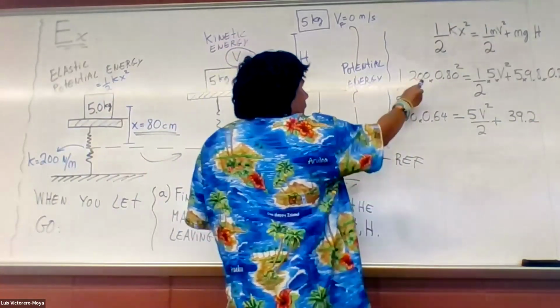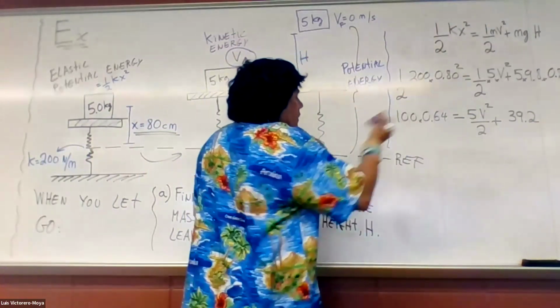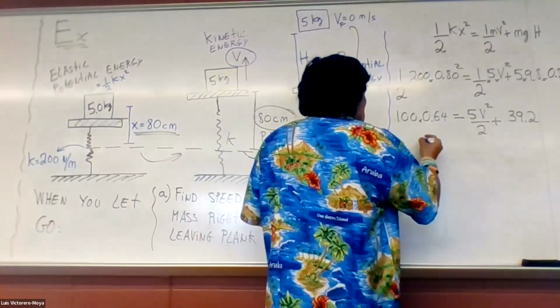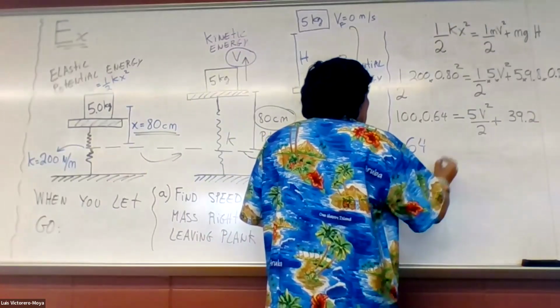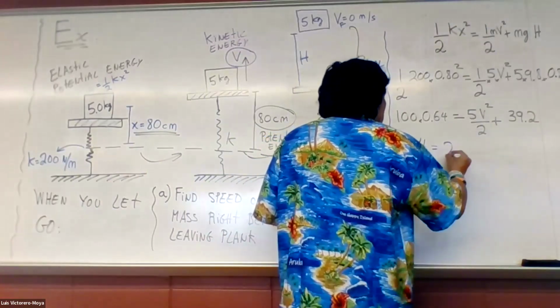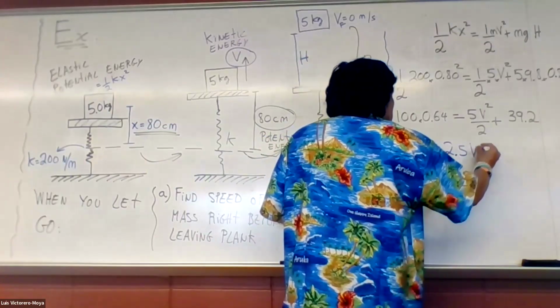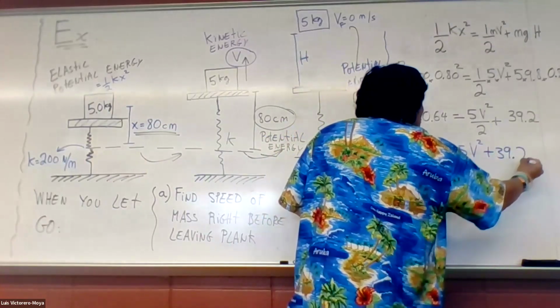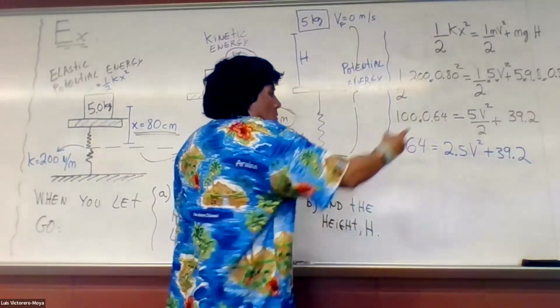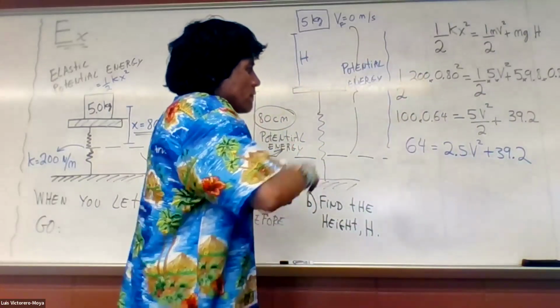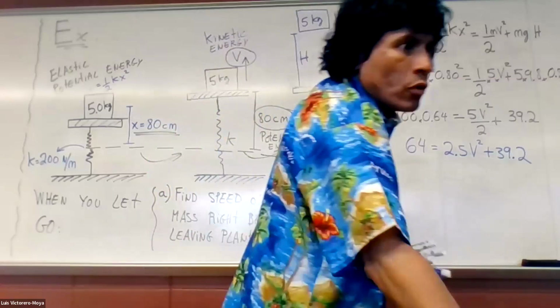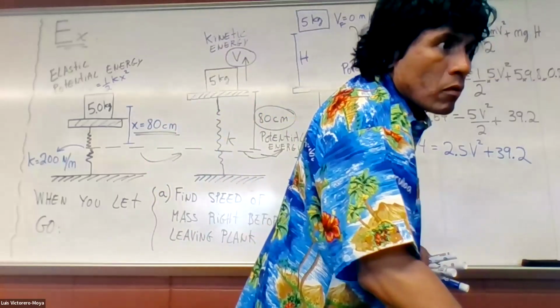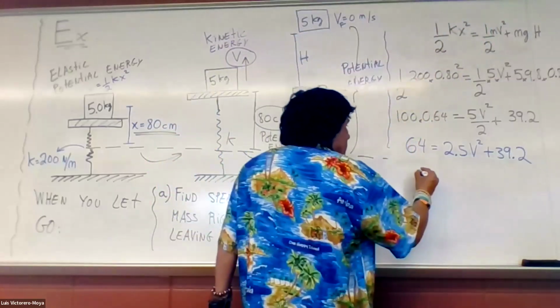So 100 times 0.64, 64. So 64 equals 2.5 v squared plus 39.2. So I just subtract, right? 64 minus 39.2, that's 24.8.